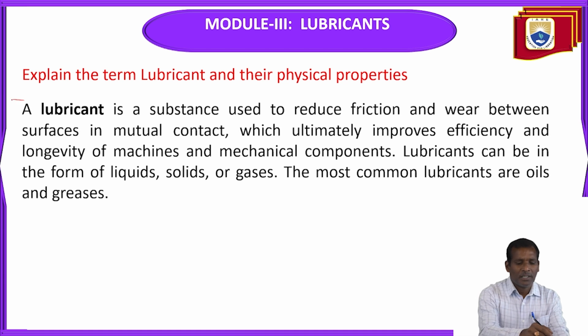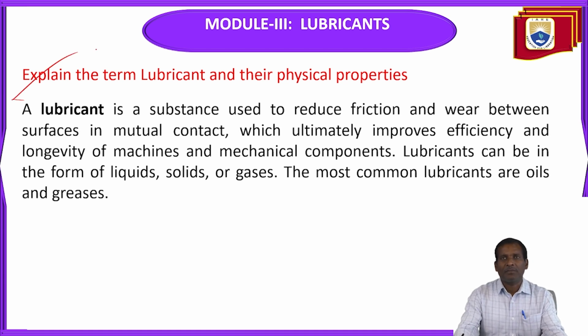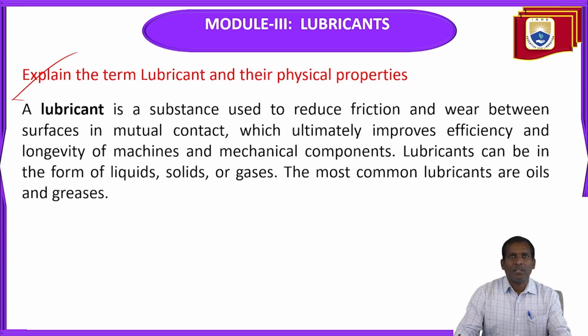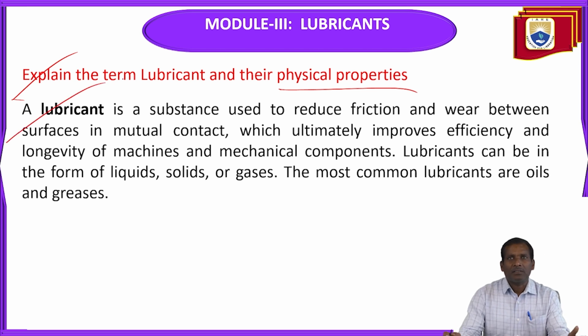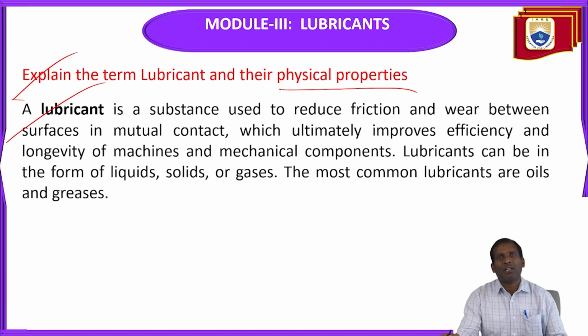Explain the term lubricant and their physical properties. What do you mean by the term lubricant and its physical properties? A lubricant is a substance used to reduce friction and wear between surfaces in mutual contact.